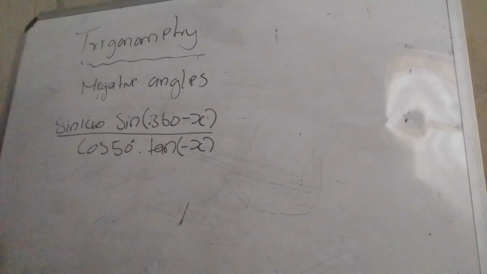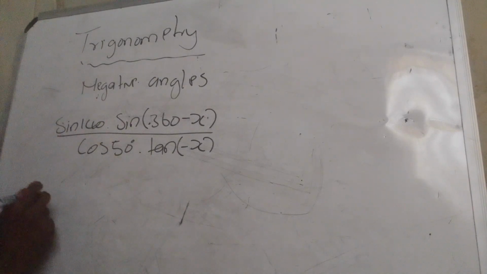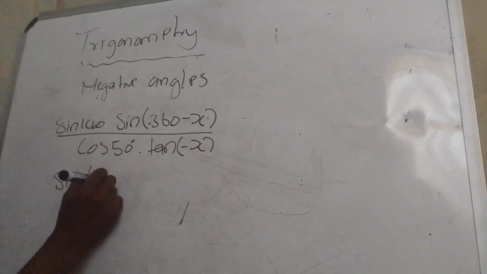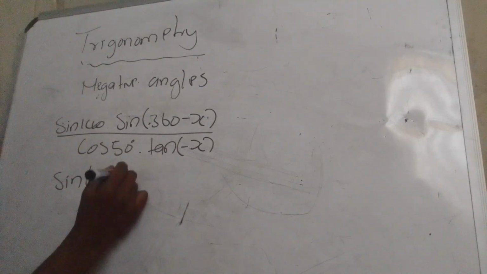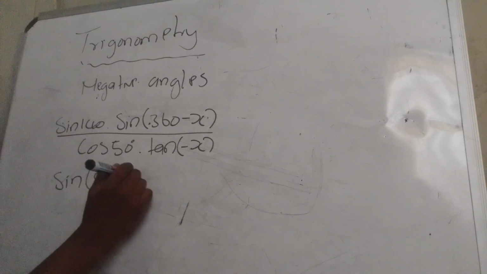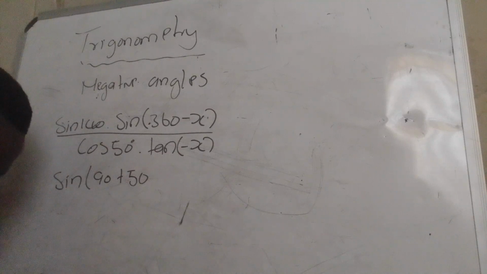So we're having our negative angle there in the tan. This sine 140, we're going to say 90 plus 50. Let's double check, if we say 90 plus 50.